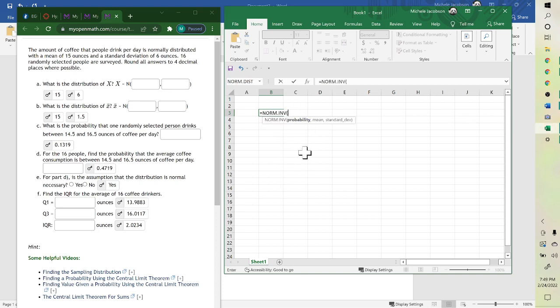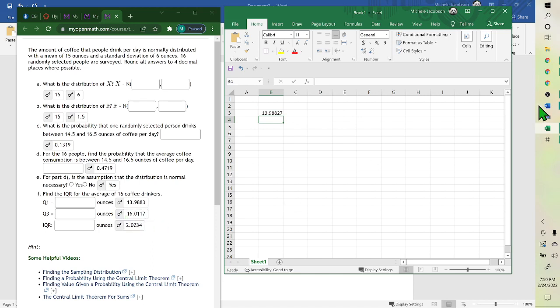Then you put your probability as a decimal, so 0.25, comma, your mean, which was 15, comma, the standard deviation. And for the standard deviation, this says the average of the 16 coffee drinkers. So we're using B's, 1.5. 13.9883.